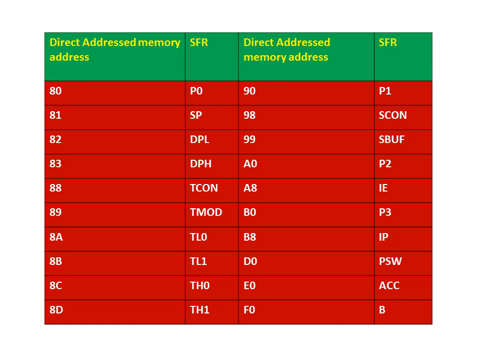Suppose it wants to access port 0, the address of port 0 is 80. Stack pointer, the address is 81. Data pointer lower order is assigned 82. These are all the addresses given.